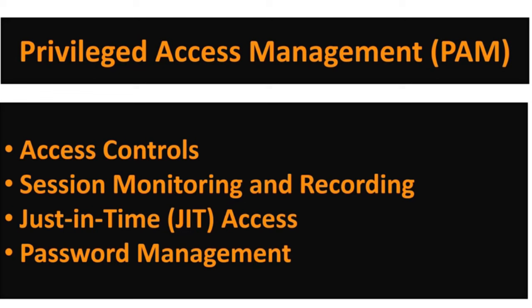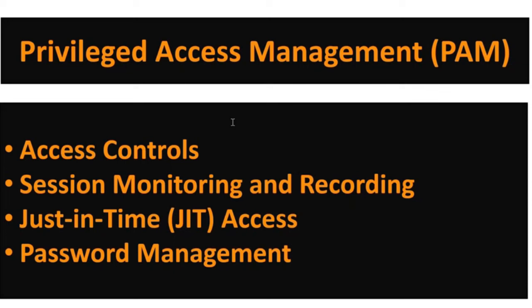Consider the same financial organization. Say that only IT admins and specific data analysts need access to critical financial databases for maintenance and analysis. All privileged account passwords, for example admin accounts, are stored in a secure PAM password vault, so users cannot view or share passwords directly.